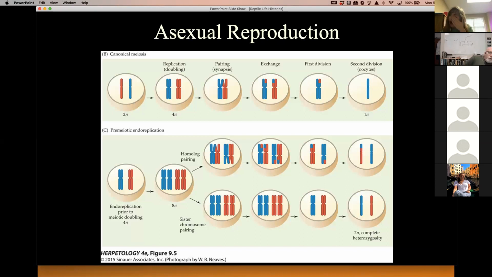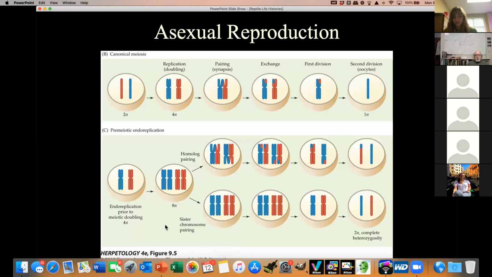In the case of asexually reproducing species, you end up with replication happening back before the S phase of the cell cycle. And so you get a doubling of the chromosomes, so that during the S phase, rather than just adding a sister chromatid to a single chromosome, you actually duplicate the chromosomes.